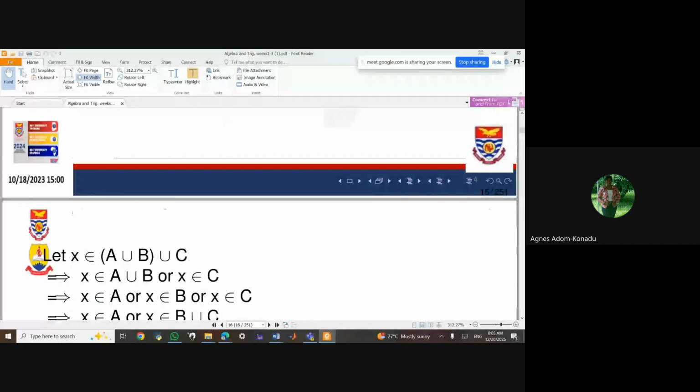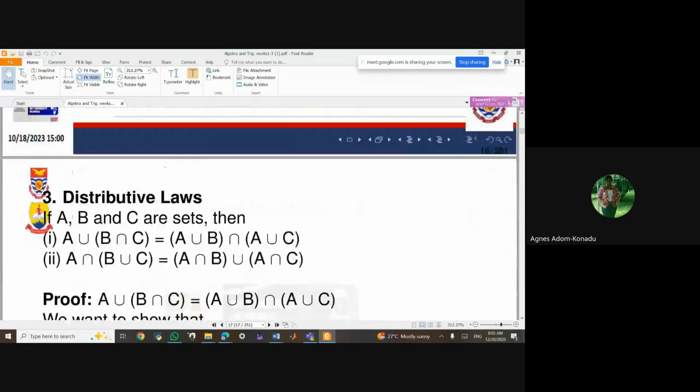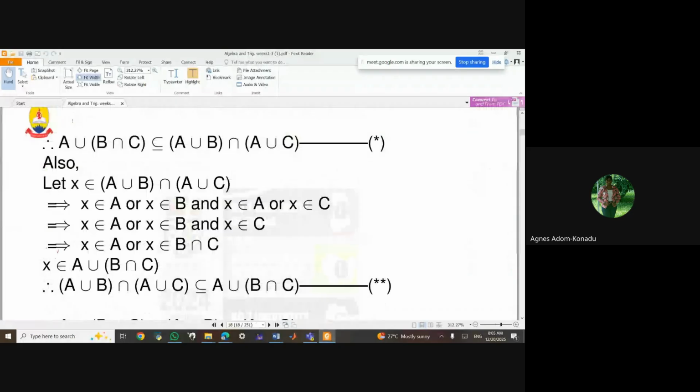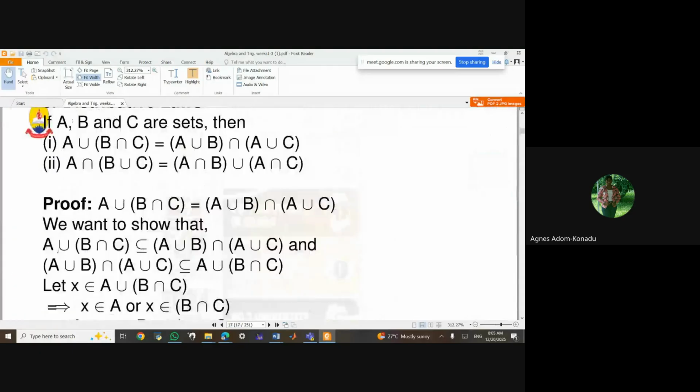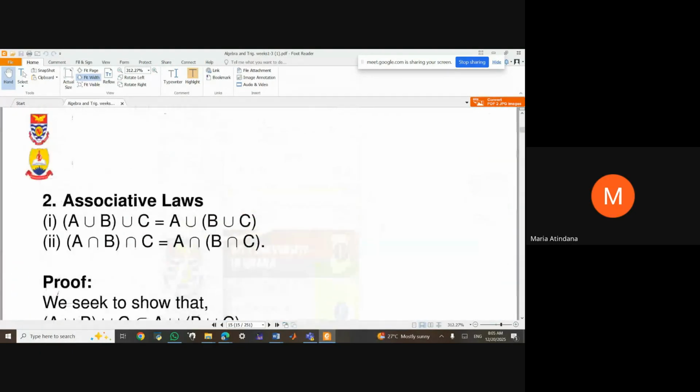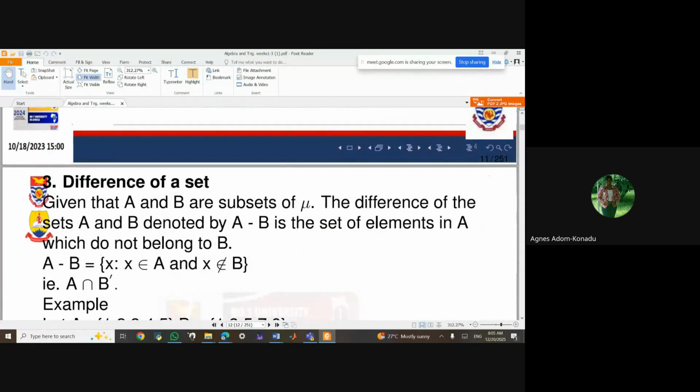So maybe I will end somewhere and then we'll look for another time and meet, okay? Sorry, madam. But madam, we are enjoying your lesson. I'm not feeling well. I was supposed to meet you today, that's why I came. So let's just do the difference of a set, then maybe we'll look for another time and meet because I'm not well.